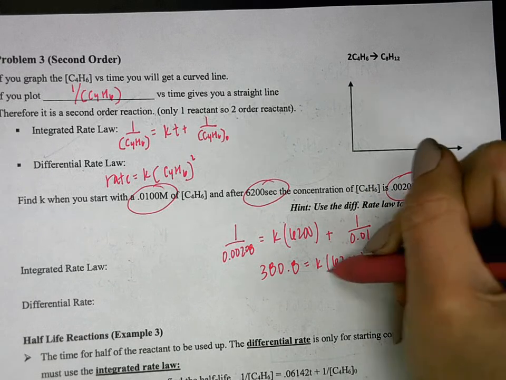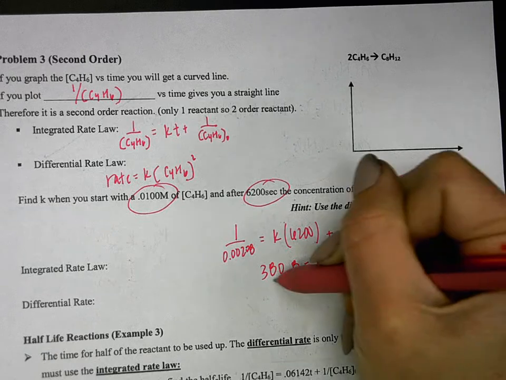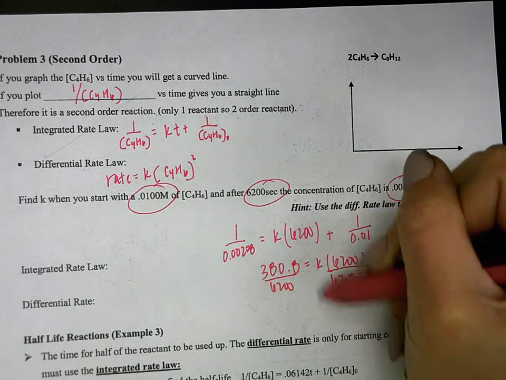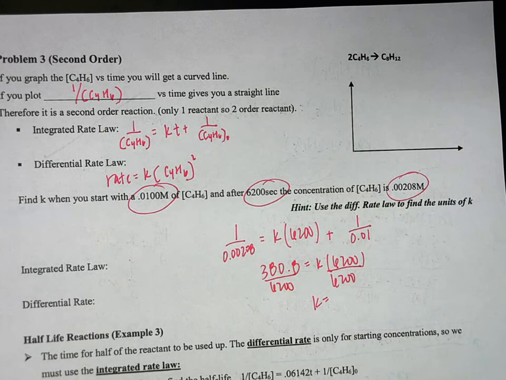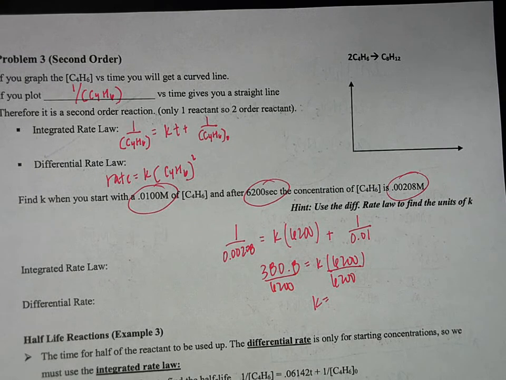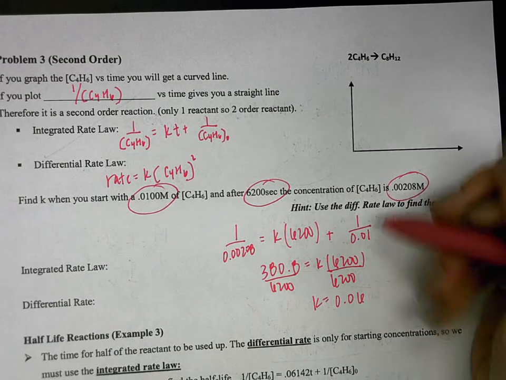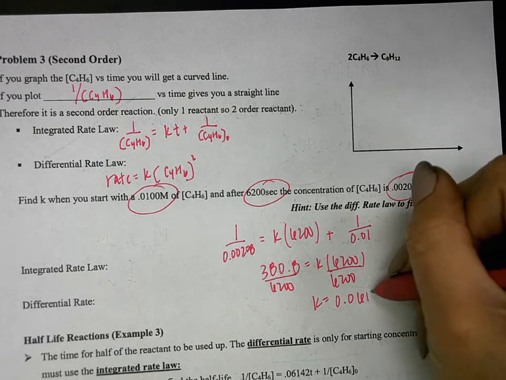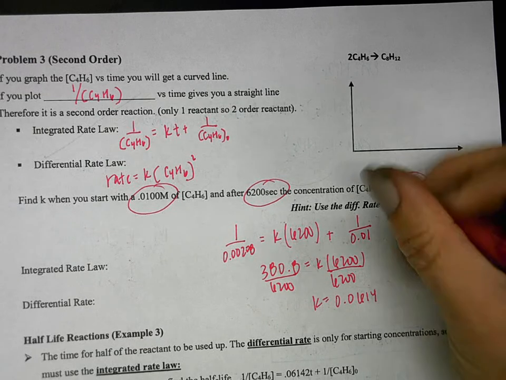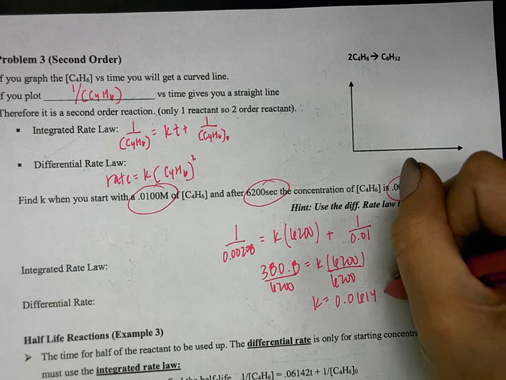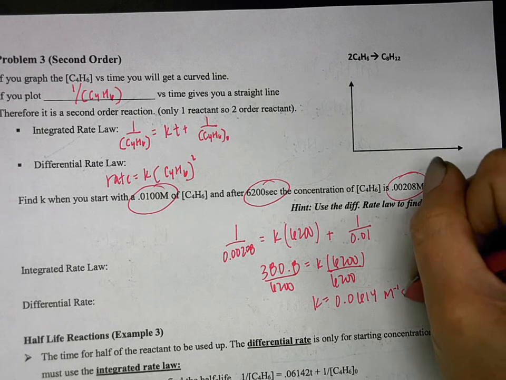Divide both sides by 6,200, so my K equals 0.0614, and it is a second order reaction, so the units are molarity to the -1, seconds to the -1.